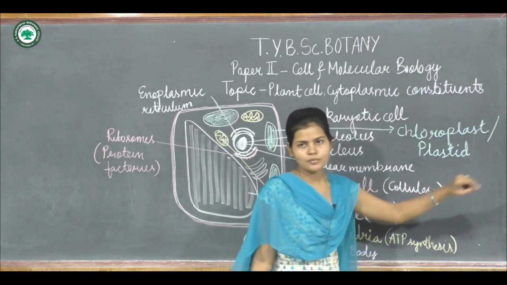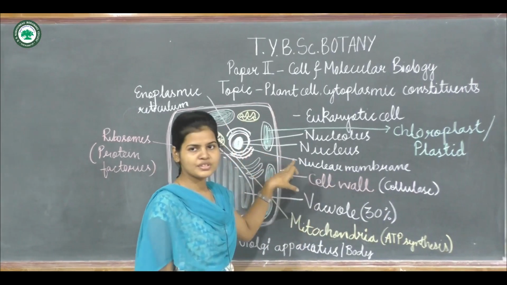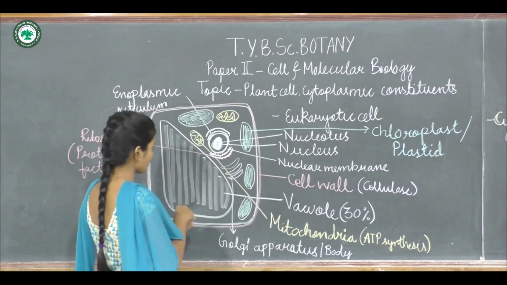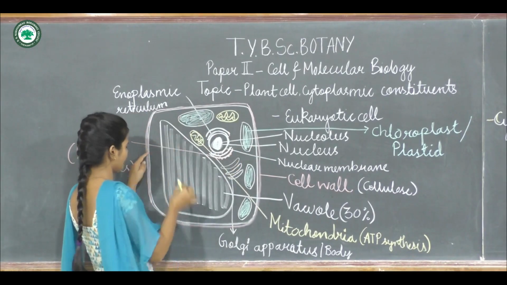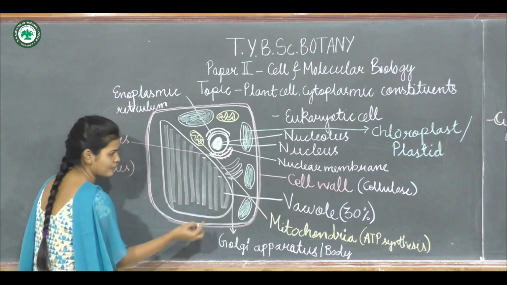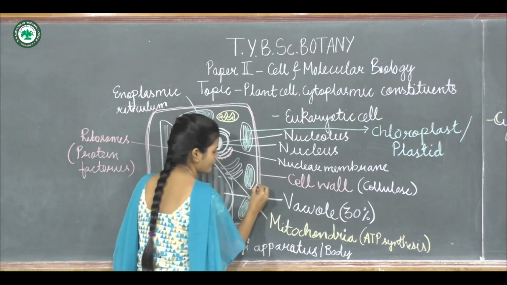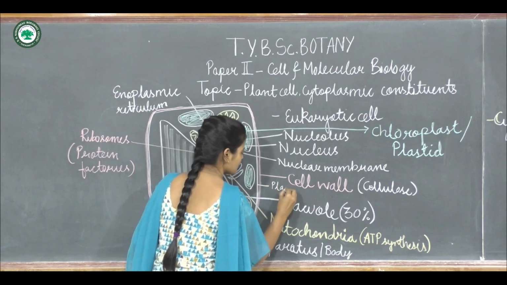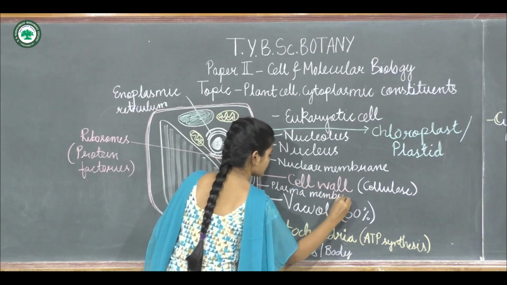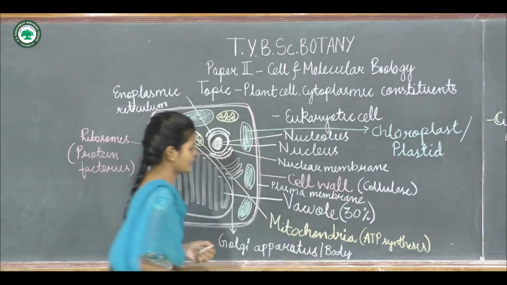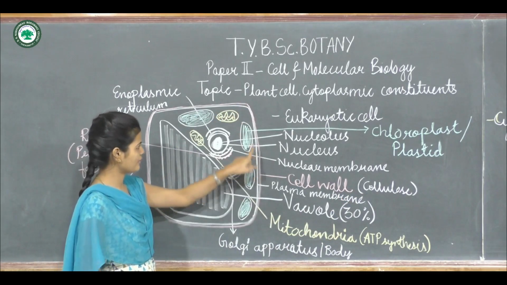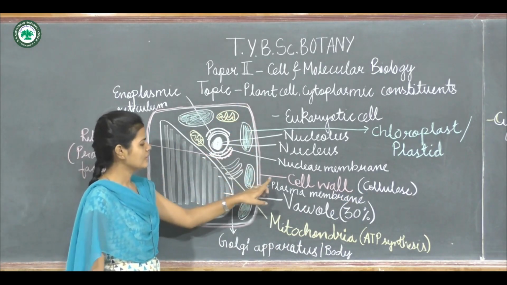Now this cytoplasm means the area which is surrounded by the plasma membrane. After the cell wall, the next layer is the plasma membrane. So in a plant cell, the outermost layer, shown in the red color, is the cell wall.